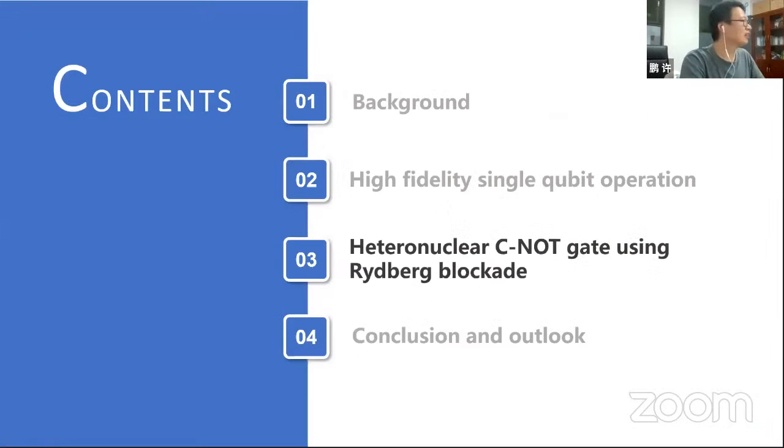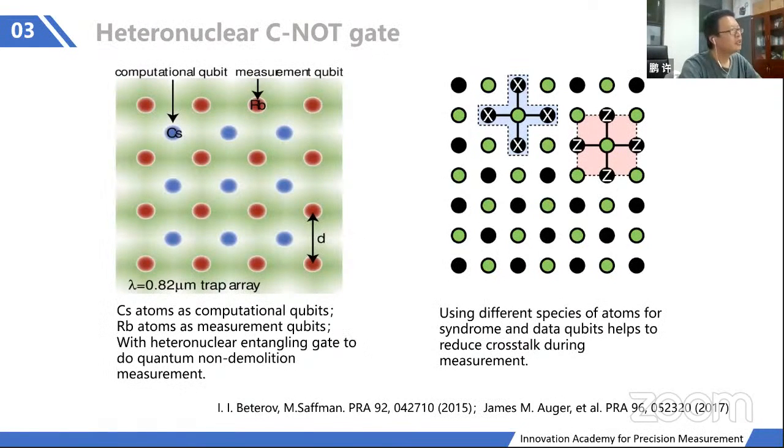So here, the third part is for the heteronuclear CNOT gate. Why do we want to construct the heteronuclear CNOT gate? Because it really matters.